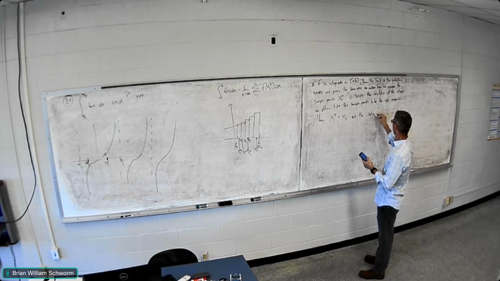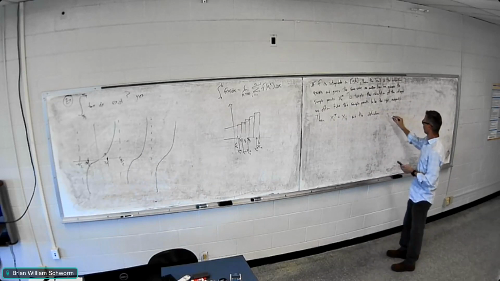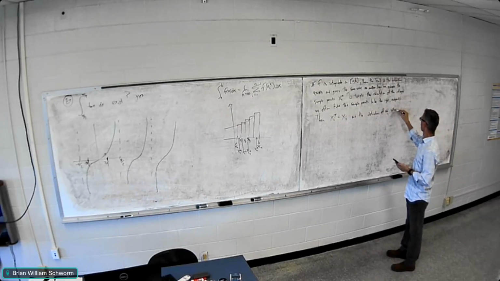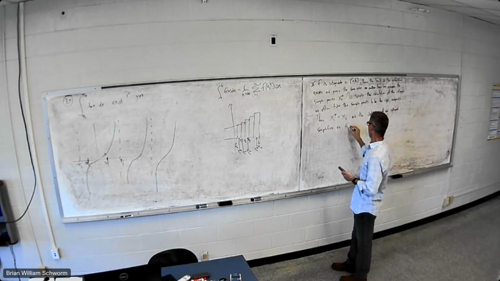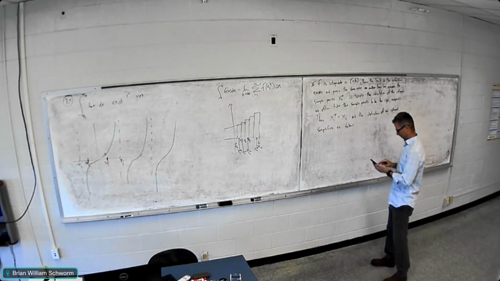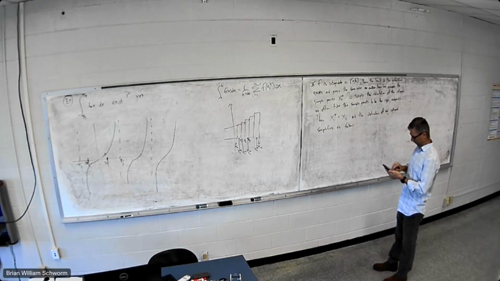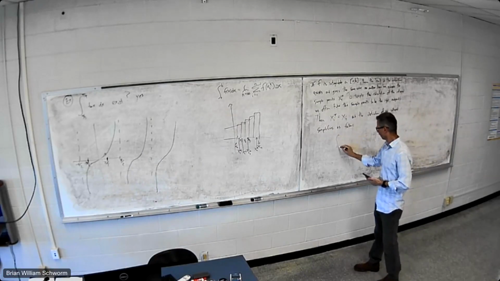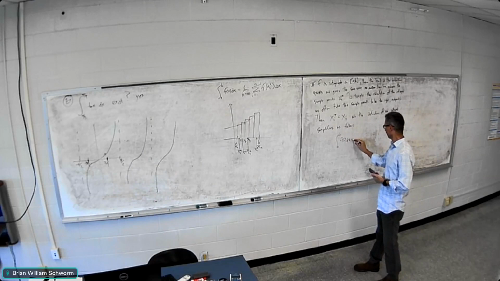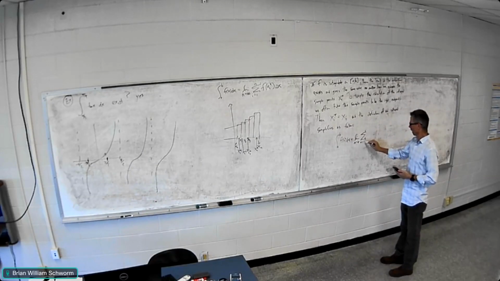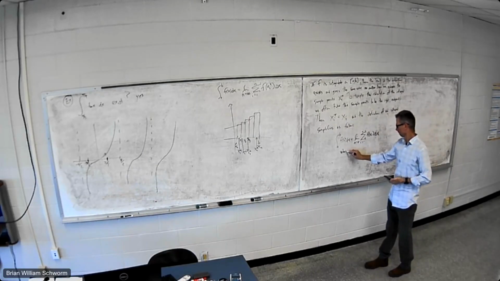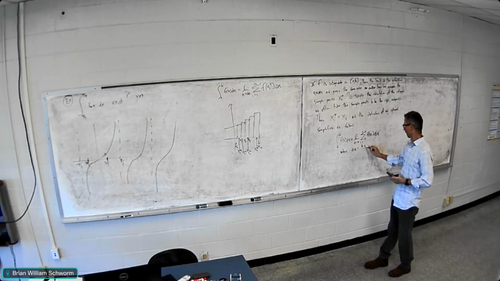And the definition of an integral simplifies to the limit as n approaches infinity of the sum, i equals 1 to n, f of x sub i delta x, where delta x equals b minus a over n.